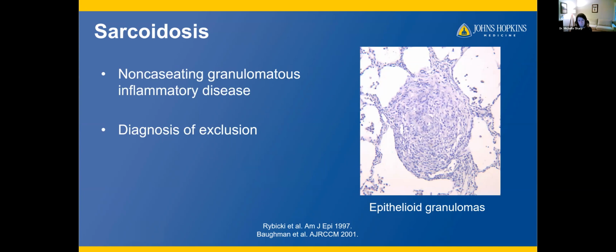It is important both for physicians and for patients to know that sarcoidosis is a diagnosis of exclusion. There are quite a few things that can cause this type of inflammation, and so as a sarcoidosis doctor, it's my job to make sure it's not something else before we call it sarcoidosis.